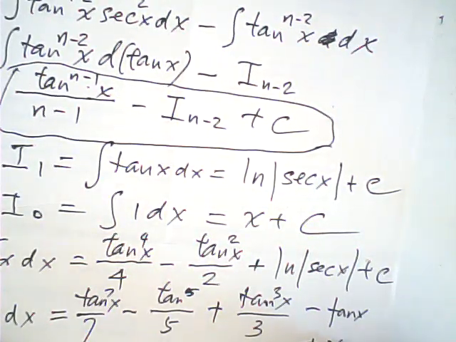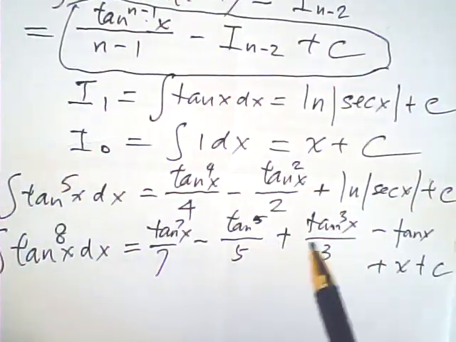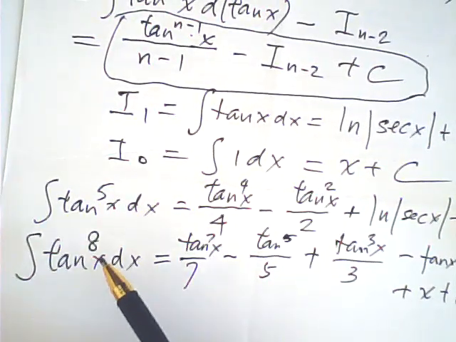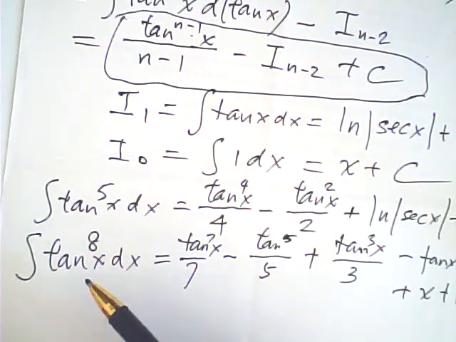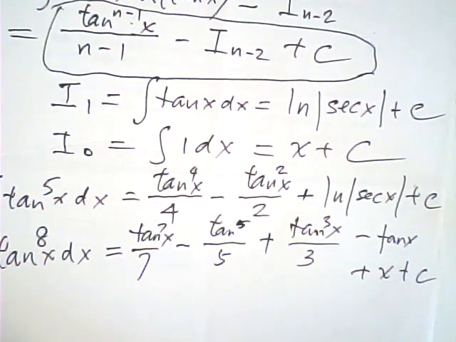So plus x. You see, that is tangent eighth. So I can have whatever natural number for the power of tangent. That's called a reduction formula. Okay.